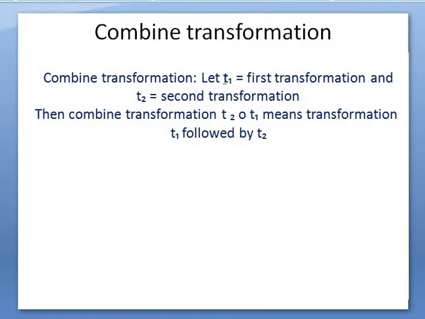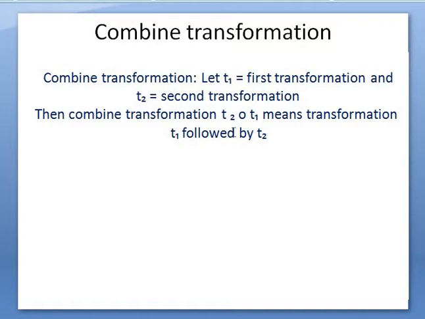Let T1 be the first transformation and T2 be the second transformation, and these may be reflection, rotation, enlargement, translation, whatever it be. Then the combined transformation T2 o T1 means the transformation T1 followed by T2.